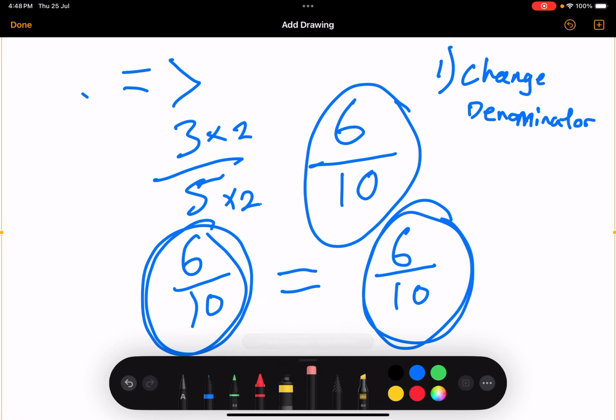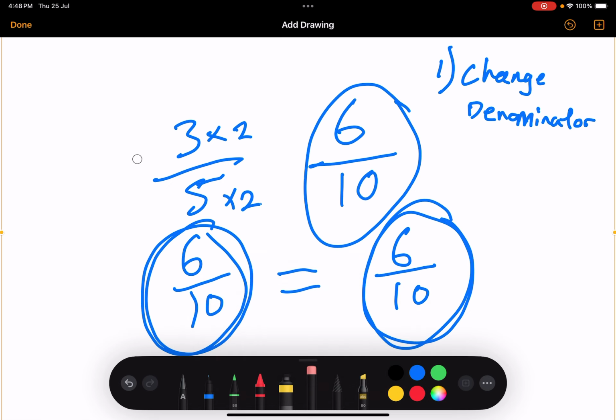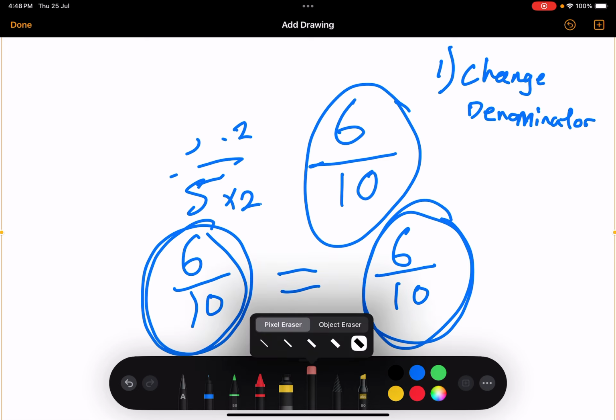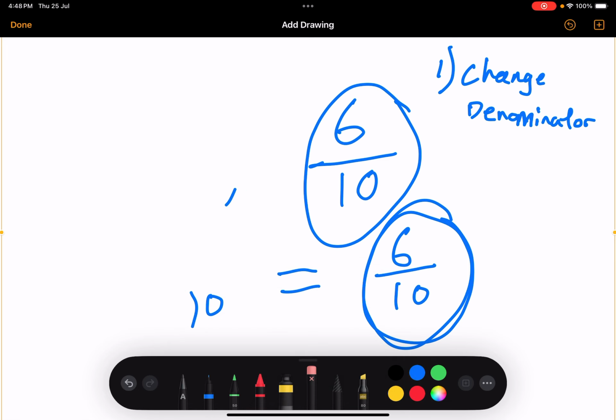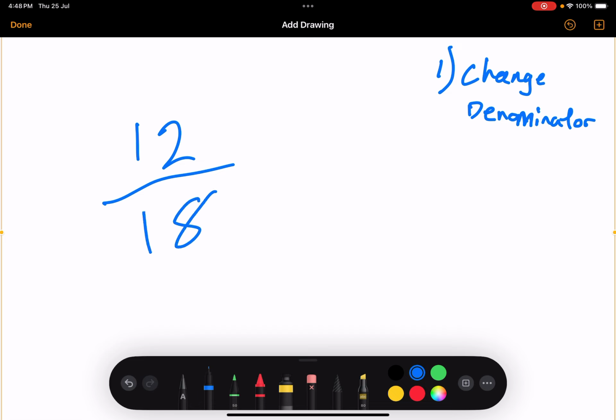Let's try another example. Okay, now for example, we have 12 over 18 and we got 5 over 9.